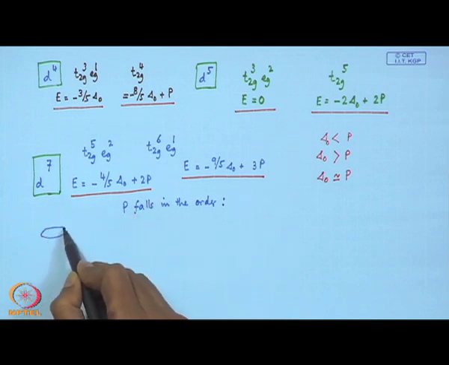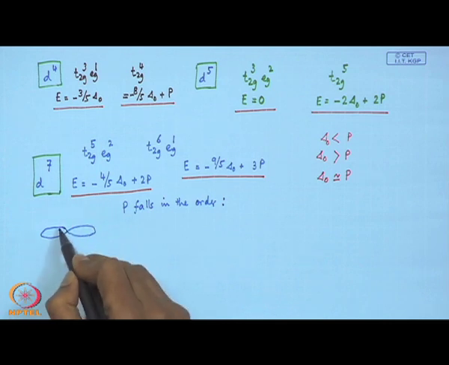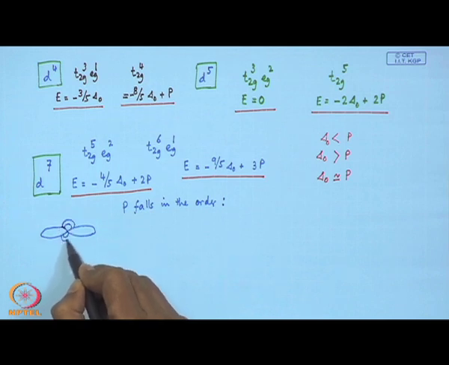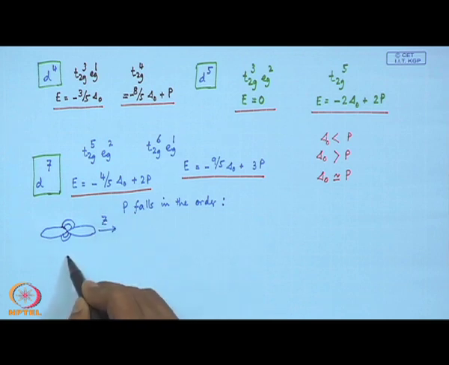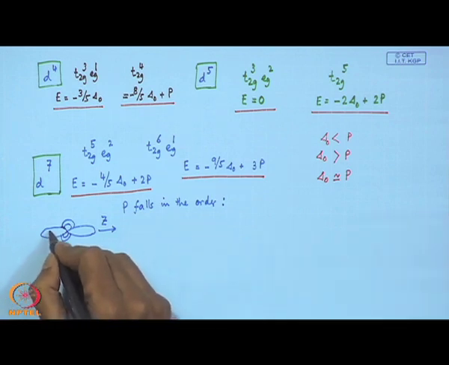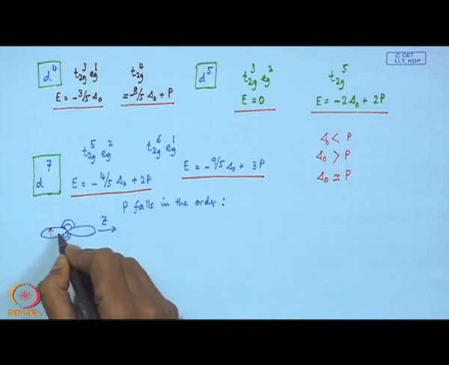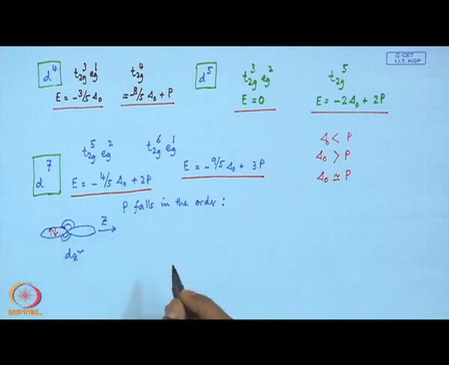So, if we have one particular orbital in the z direction, that means dz square, then when this level is filled, we can have a paired electron in this particular level.